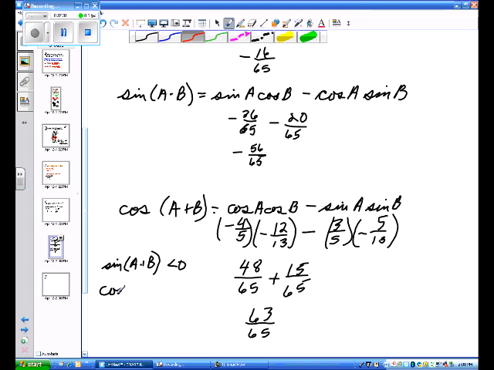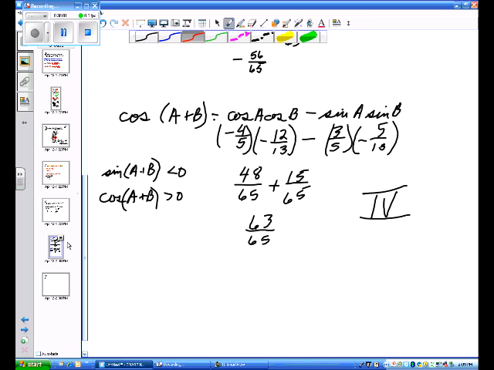The cosine of a plus b is positive. So this means we've got to have ended up in quadrant 4, because that's the quadrant where the sine is negative and the cosine is positive. So it actually takes two functions to be able to know which quadrant we're in. But that's an easy way of knowing, by looking at your signs.